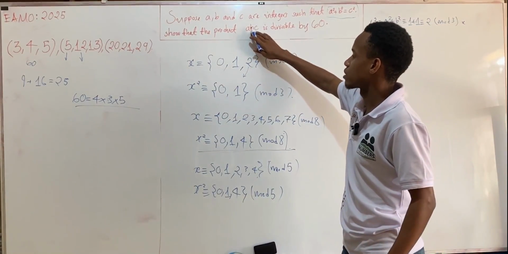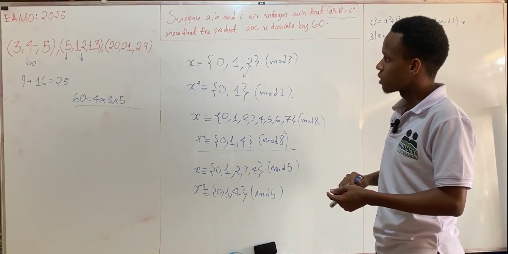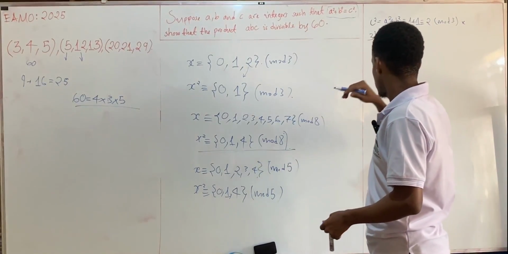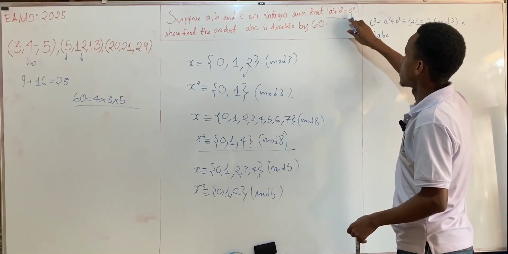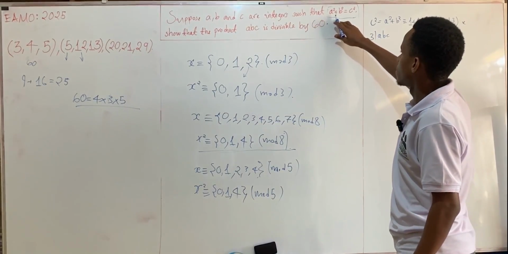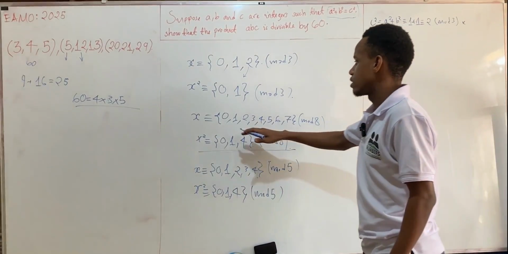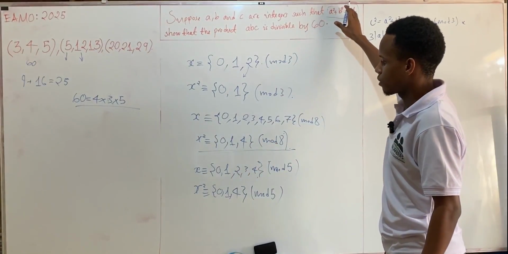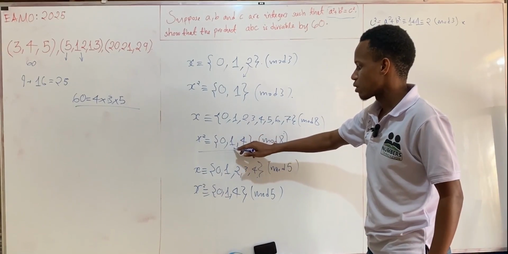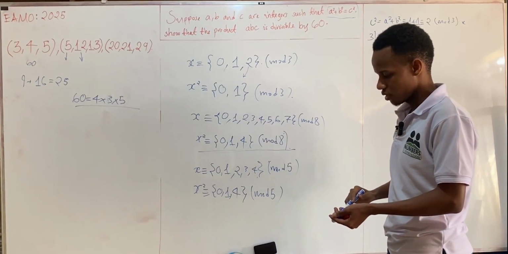But if at most one of them is even, so for example, if c is even, or if a is even, or if b is even, and the other ones are odd, then the squares of the odd numbers will be congruent to 1 modulo 8.